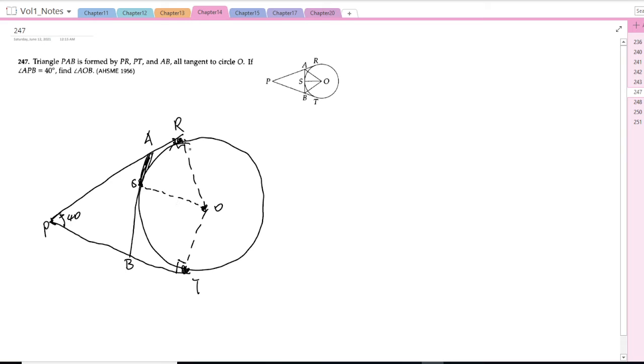So we want to figure out what the angle AOB is, right? By connecting all these touching points, we know from the tangent lines that AR equals AS, right? Then AO equals AO, right? So these are also right triangles, right? So now you know triangle AOS is congruent to triangle AOR, right?